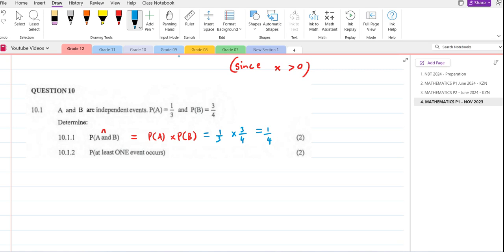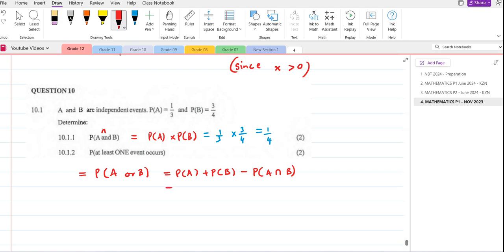Probability of at least one event occurs. At least one event occurs is probability of A or B. That's what we're trying to find. So this is equal to the probability of A plus the probability of B minus the probability of the intersection A and B. At least one event occurs, either A occurs or B occurs or both occur, right? So that's what you're looking for.